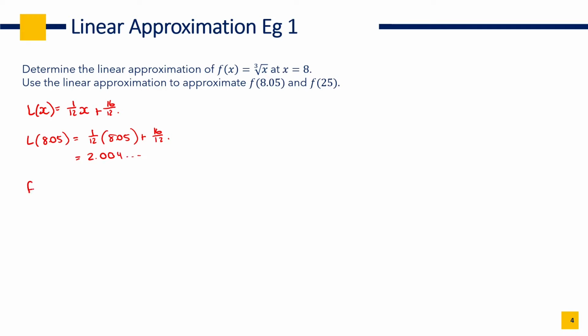So if we look at the function at 8.05, we're going to take the cube root of 8.05. So we're going to type in 8.05 to the power of 1 upon 3, or we're going to use the cube root sign, whichever one is better for you and the calculator that you are using.